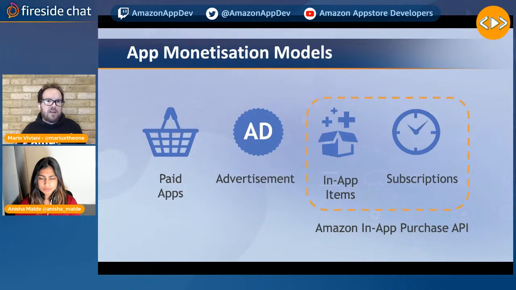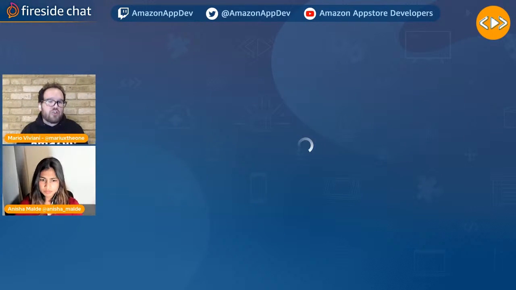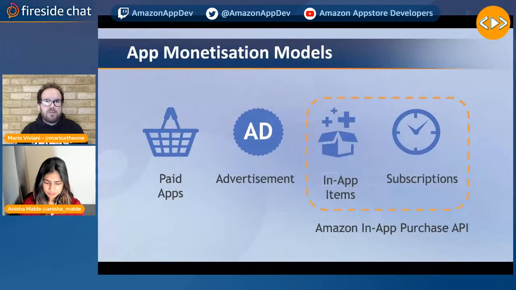And there are a lot of different items that can be used there in terms of in-app items. There are entitlements, consumables, and then there is one monetization model when it comes to in-app items that is now extremely popular, which is subscriptions.